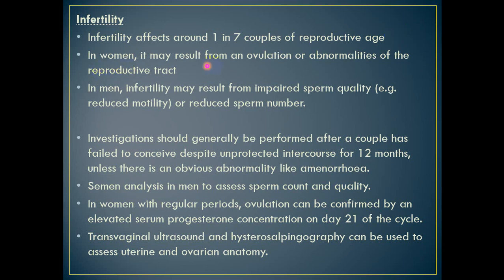In women, it may result from either ovulation abnormalities or defects in the reproductive axis, or from anatomical abnormality of the reproductive organs themselves. So it is either hormonal or structural. In men, infertility may result from impaired sperm quality, meaning function, or sperm quantity, meaning number.